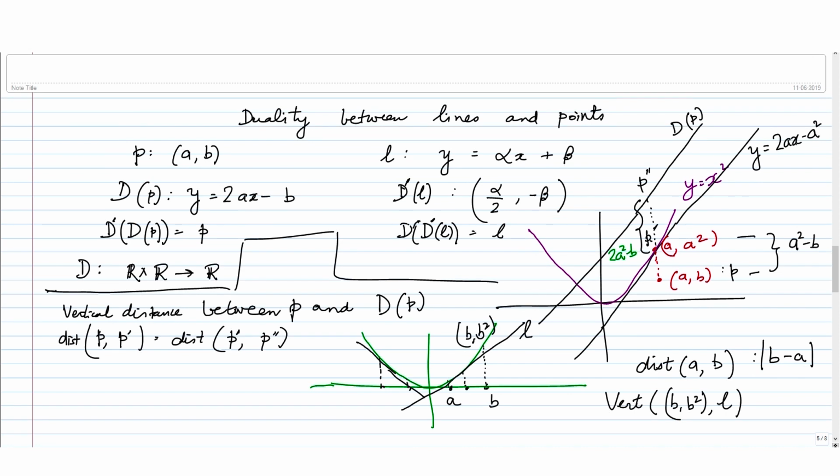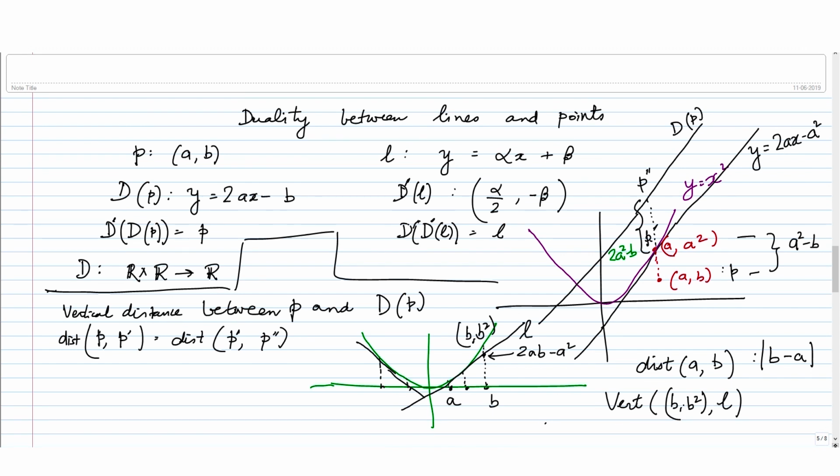So if I use x equal to b, this point has a coordinate 2ab minus a square, right, from that line, and then you just subtract it.